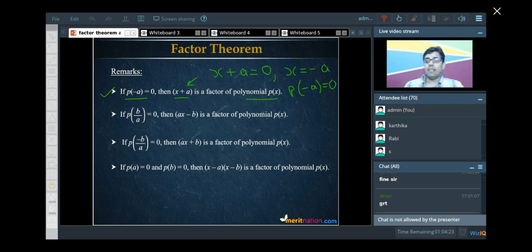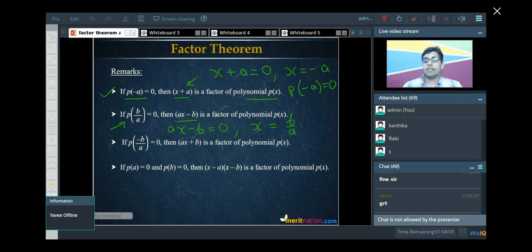Similarly, the divisor is given as ax minus b. Then by putting ax minus b equals 0, x would come as b by a. Now putting this value of x as b by a in the polynomial p(x), we will get the remainder as 0. That is, p(b by a) would become 0.